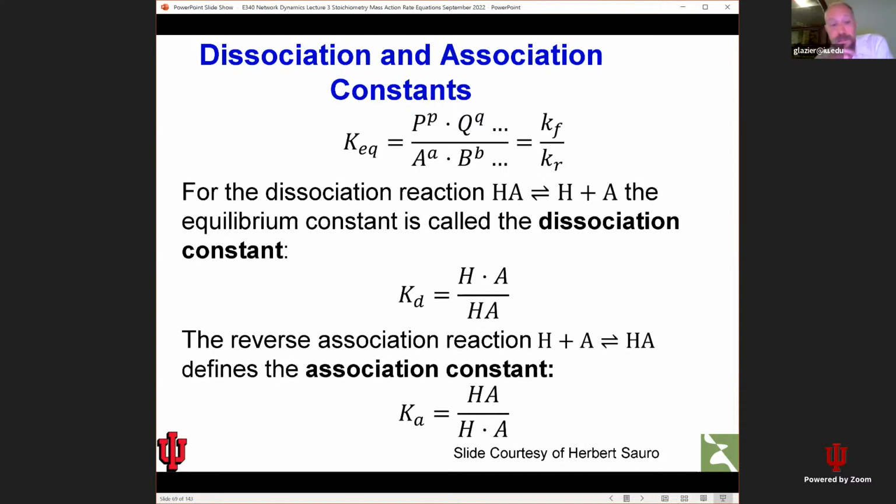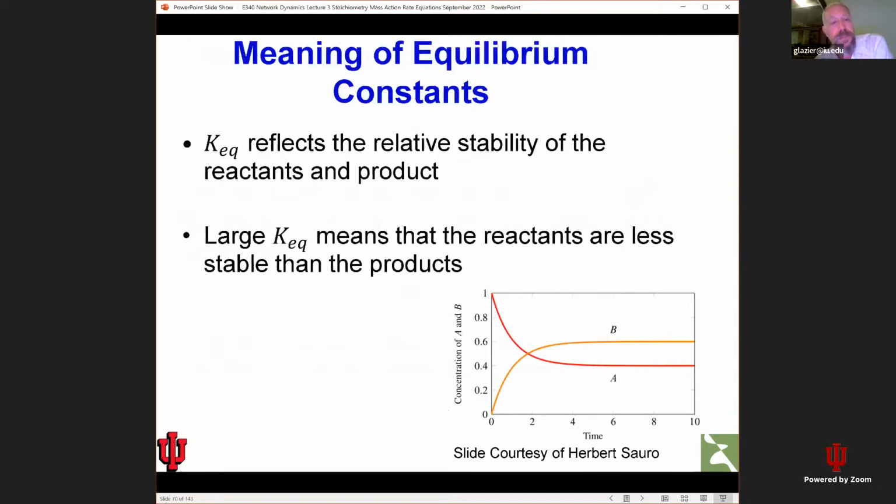The reciprocal of that is called the association constant. We don't typically use the association constant; the dissociation constant you'll see a lot. K equilibrium reflects the relative stability of the reactants and the products. If K equilibrium is big, the reactants are less stable than the products, and you get a lot of product. If K equilibrium is small, you have a lot of reactant and less product.